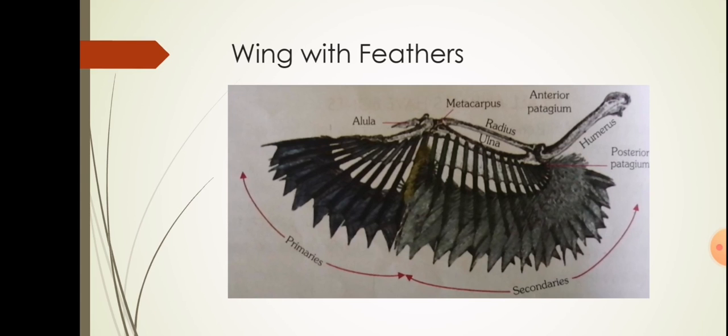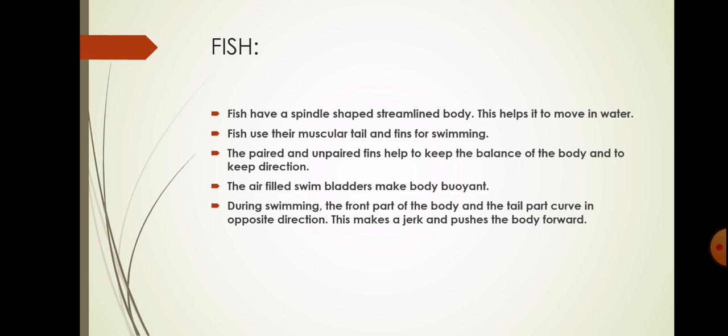Now next we will discuss the movement of the fish. Fish has a spindle shaped streamlined body, and because of this shape, they easily move in the water. Basically, fish have a muscular tail and fins.